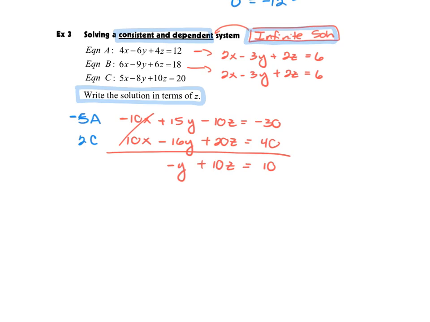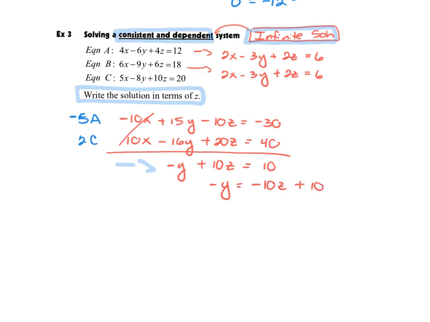That means that the equation that I have left here, when I get to this step, if I want my solution in terms of z, I want to rearrange this so that it becomes a y equals. I'm going to initially think a couple ways I can do it. I'll say a negative y equals a negative 10z plus 10.